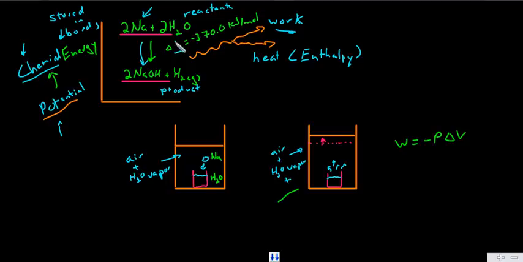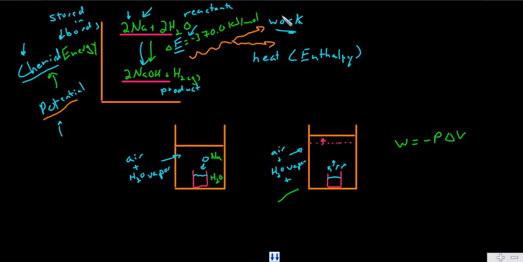In fact, the delta E, the change in energy of this reaction, is negative 370.0 kilojoules per mole. And so we could say that energy is released when we have this negative value for our delta E. There's less energy in our compounds after the reaction than before, final minus initial.